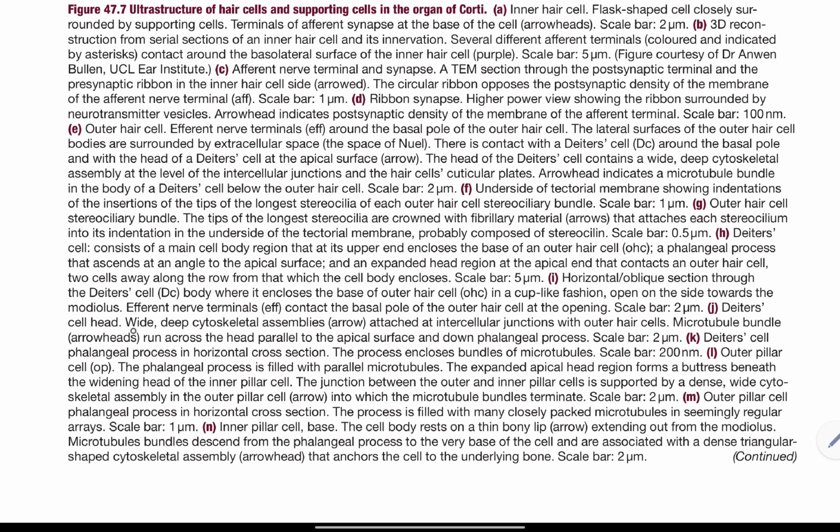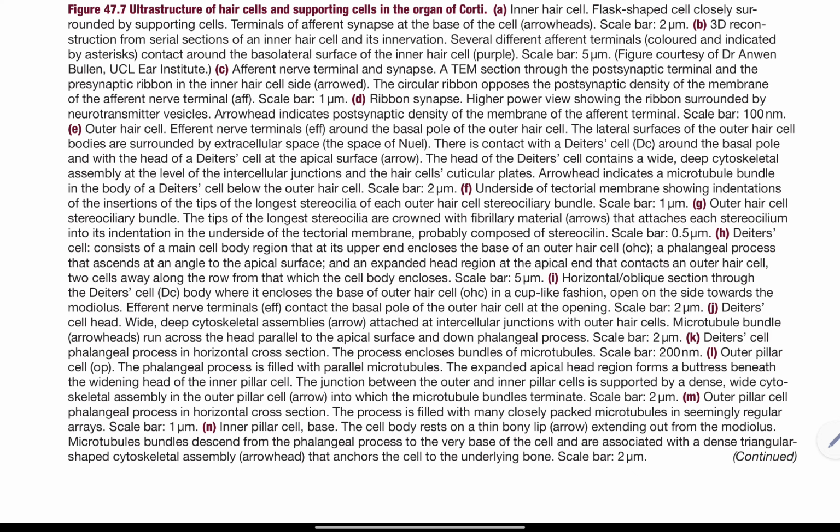Deiters cell head. Wide, deep cytoskeletal assemblies, arrow, attached at the intercellular junctions with outer hair cells. Microtubule bundles, arrowheads, run across the head parallel to the apical surface and down the phalangeal process.